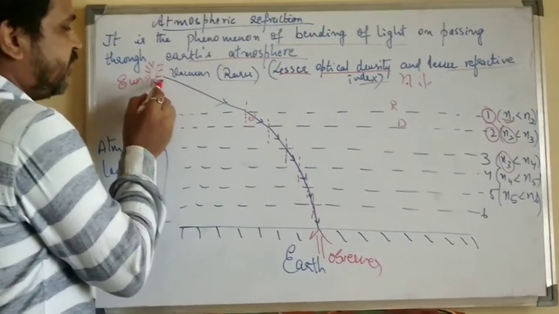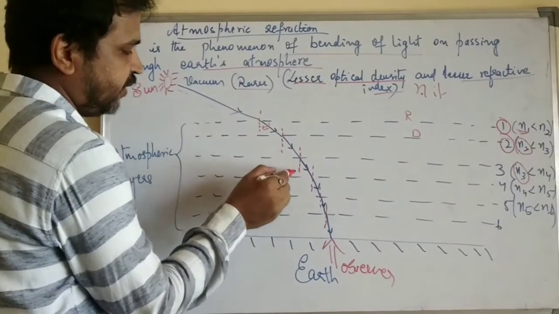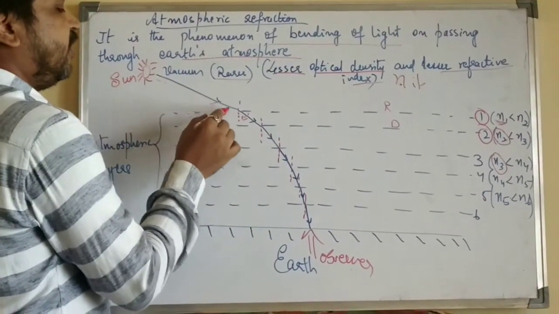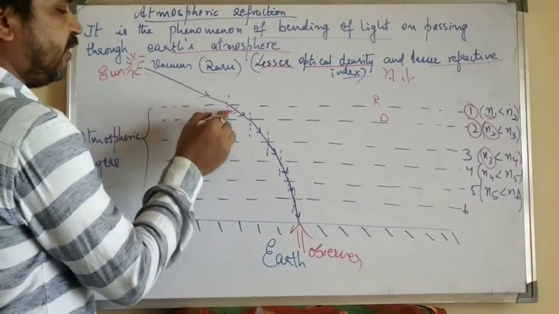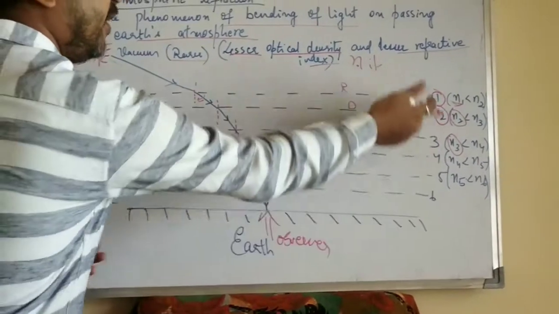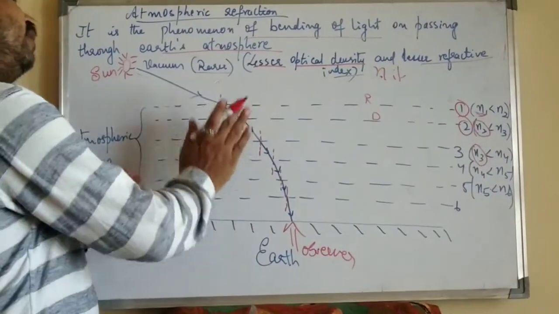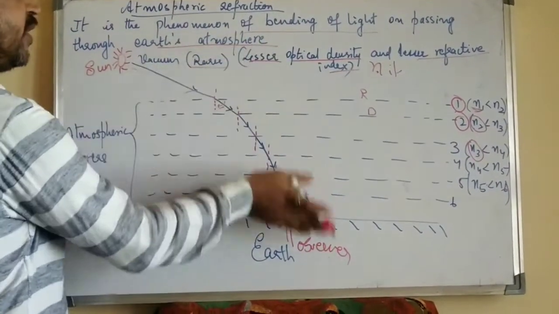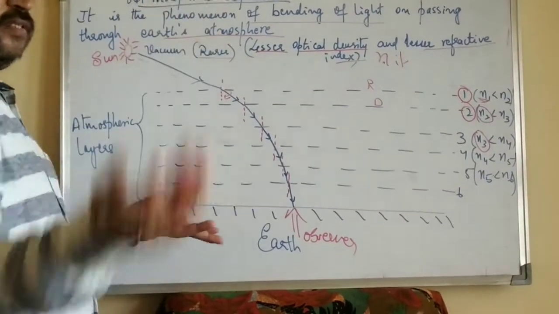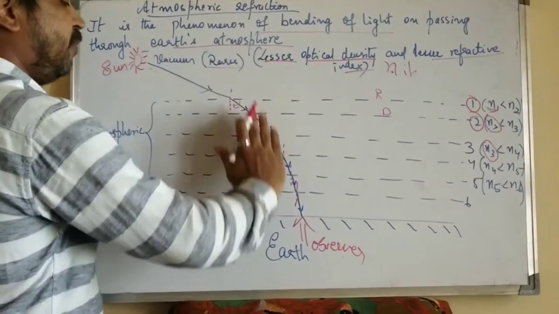That's why you can see the gradual bending of light as the sun rays reach the Earth's atmosphere and travel through it, due to the variation in optical density and refractive index. The light ray travels through successive layers, where the preceding layer is the rarer medium and the succeeding layer is the denser medium, so there is successive bending.